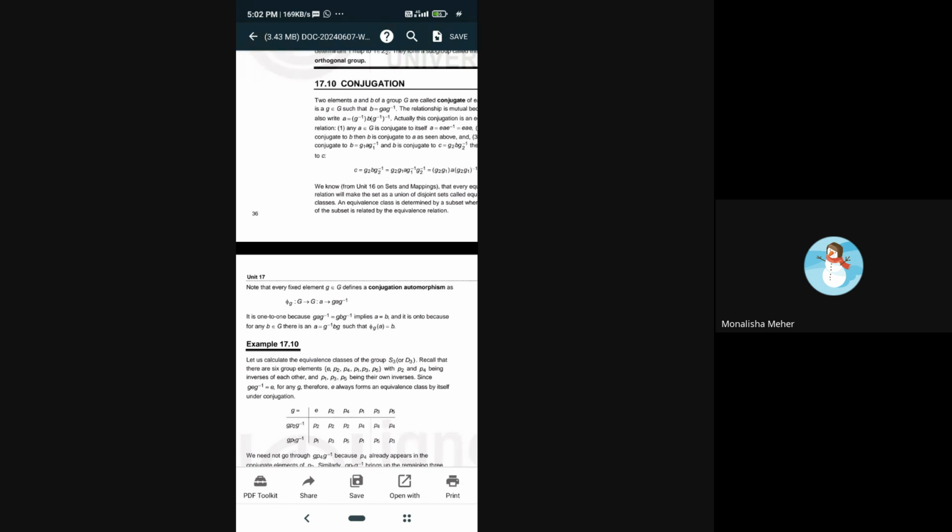It is 1 to 1 because G A G inverse equal to G B G inverse implies A is equal to B, and it is onto because for any B belonging to G, there is an A equal to G inverse B G such that phi G of A is equal to B. So here is an example.